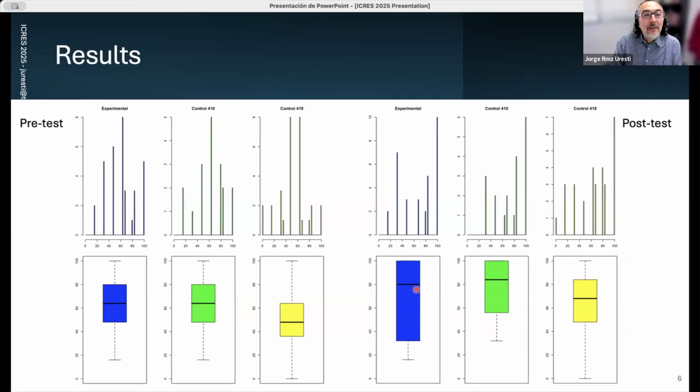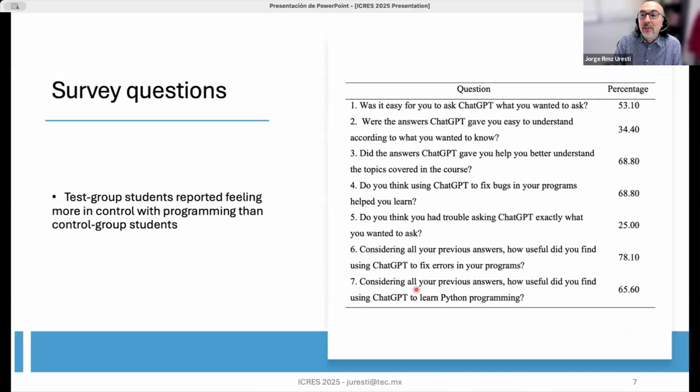So what we also did was a survey of some questions to see what they were thinking about the use of this tool. In general, they reported that they were feeling more in control in programming. They were more confident with that. And we had these questions.